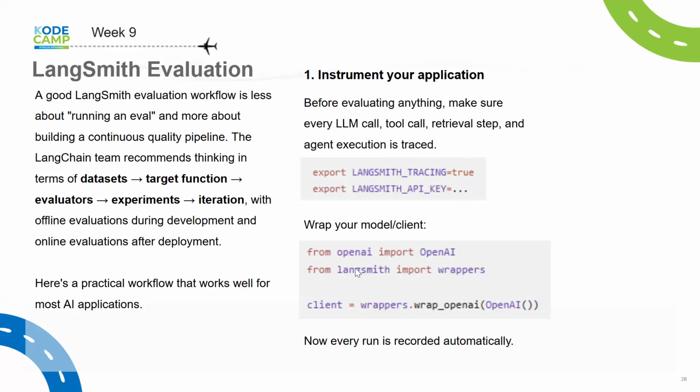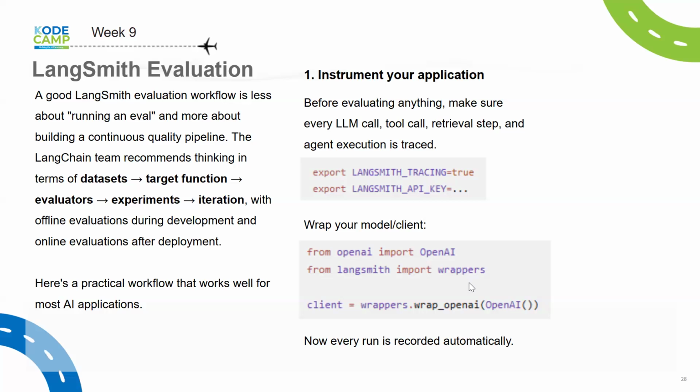But if you are using some SDK, maybe OpenAI or Google Gemini, like in this case, right? Then you have to import the wrappers and then you have to wrap around. I think I showed how that is done last time in the last class.